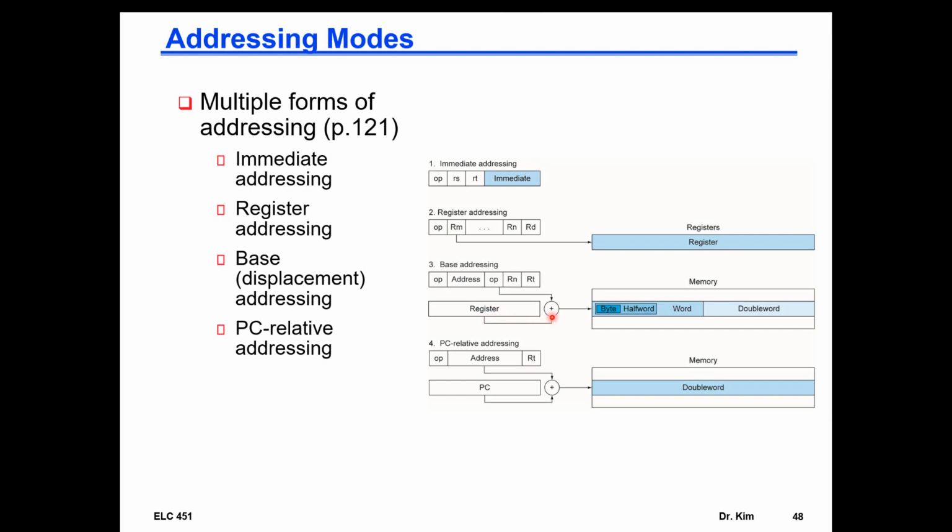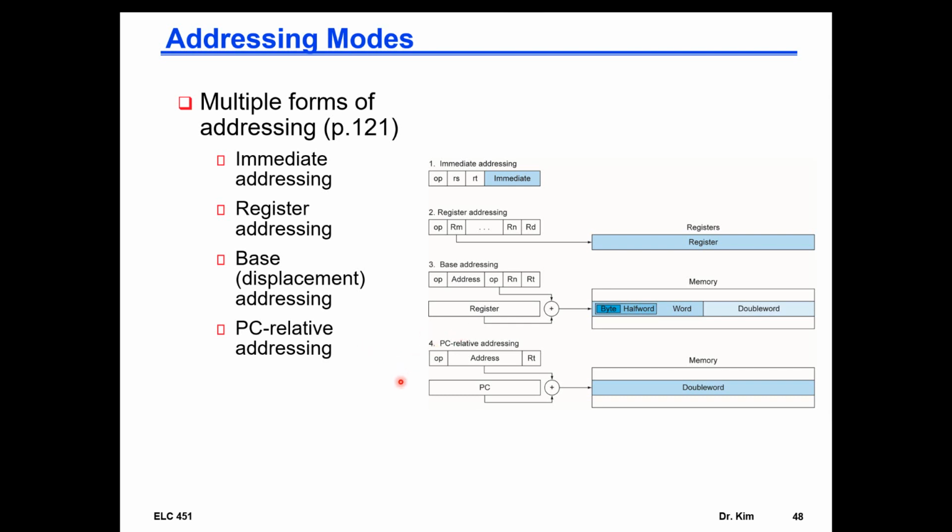Okay? And then another format is the PC relative addressing. So this is used in the branches because in this case, your operand is the address in program memory that you're going to branch to.